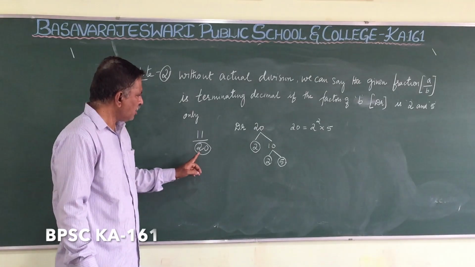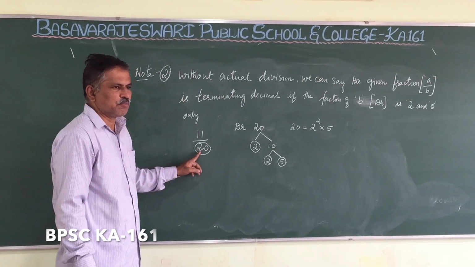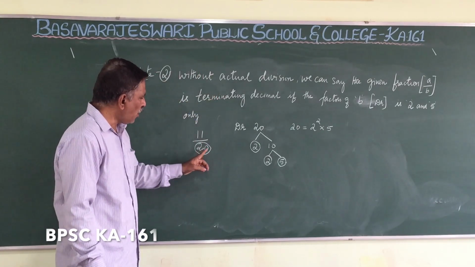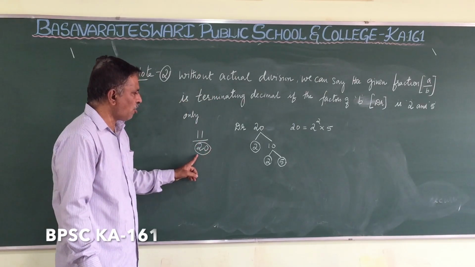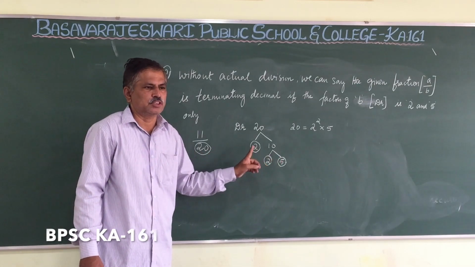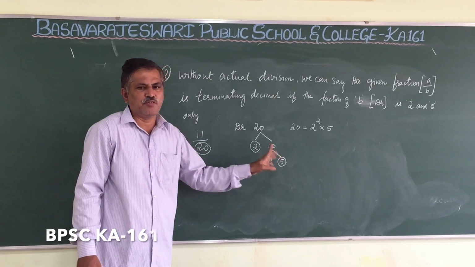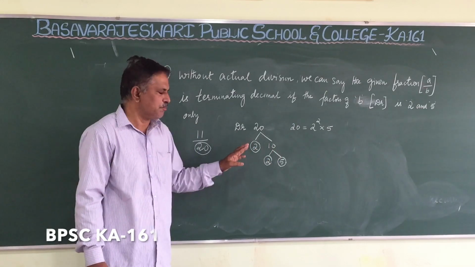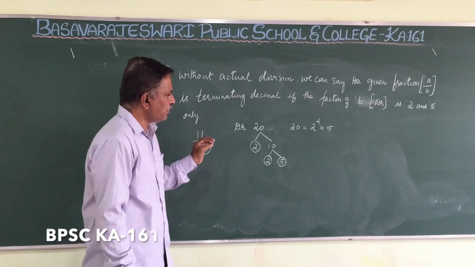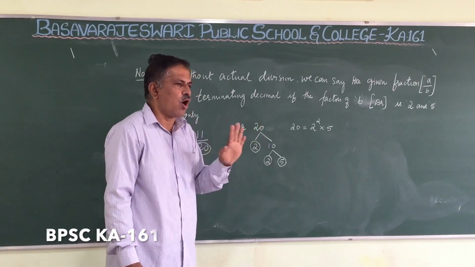Very clear? In order to say whether it is a terminating or non-terminating decimal without division, you have to take the denominator and find the prime factors. You can use the prime factorization method or tree method, or the division method or LCM method, any method. The prime factors should be 2 and 5, no other number.